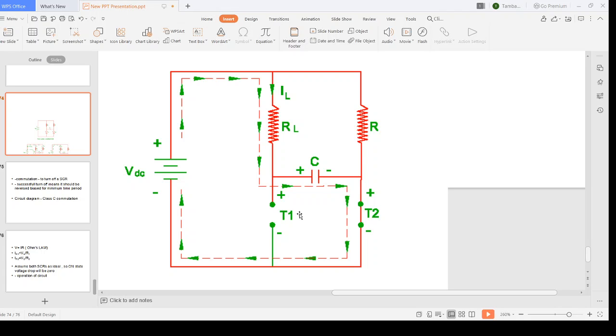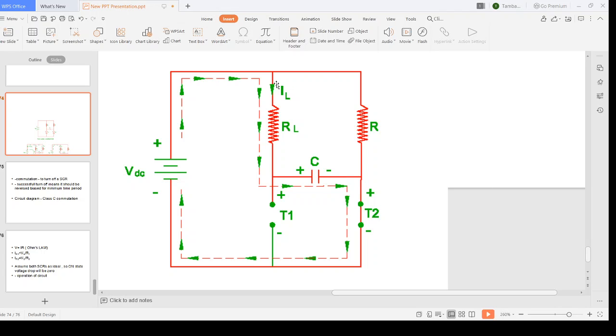Now current through SCR2, current through thyristor T2, is equal to the sum of two current values, current IL and current IC.